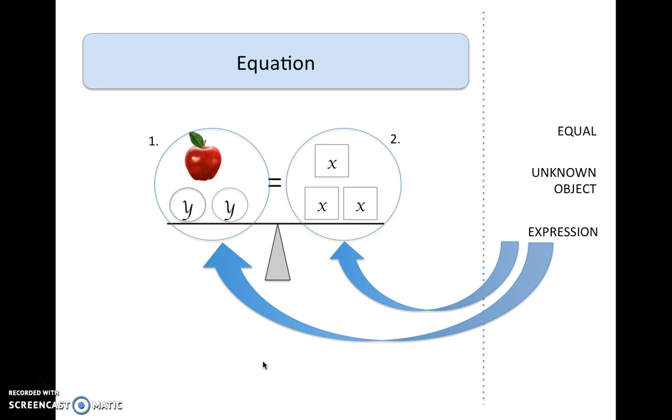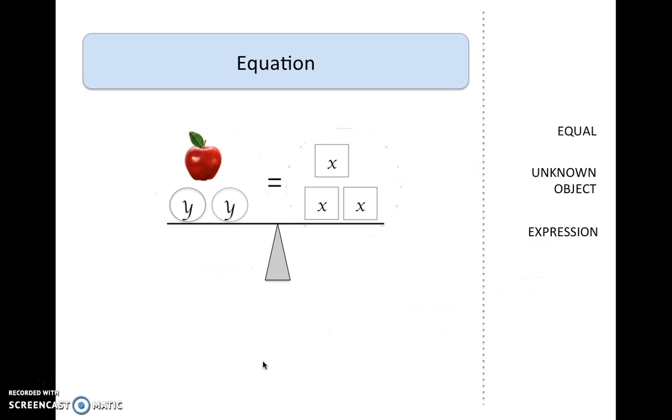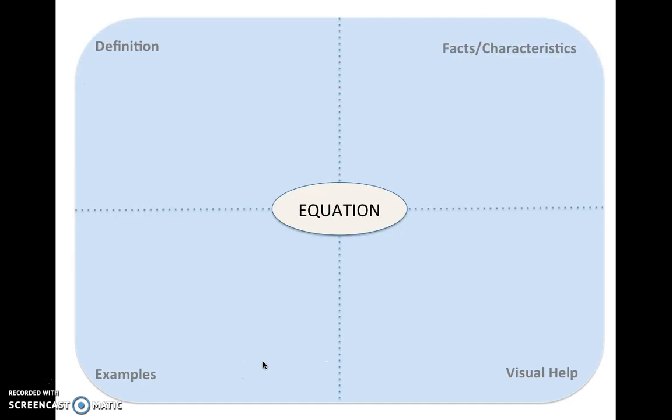We use the word expression when we use unknown objects or variables. Now we can write this visual as an equation. 2y plus 1 equals 3x. That's what we call an equation.